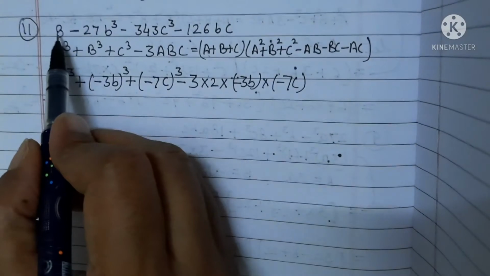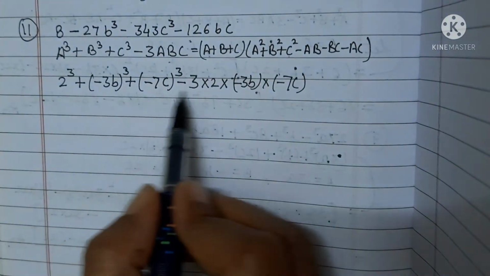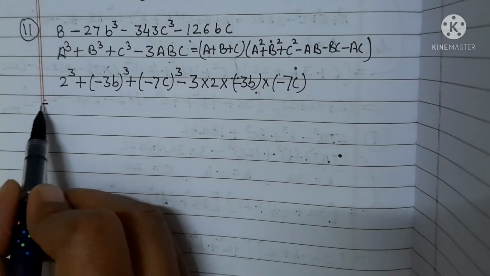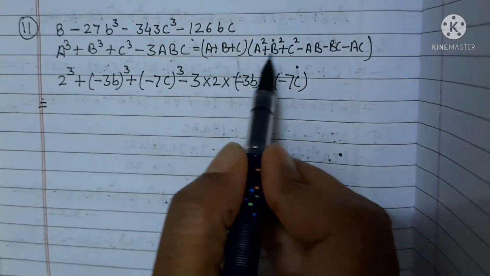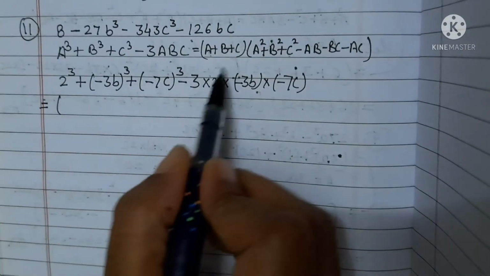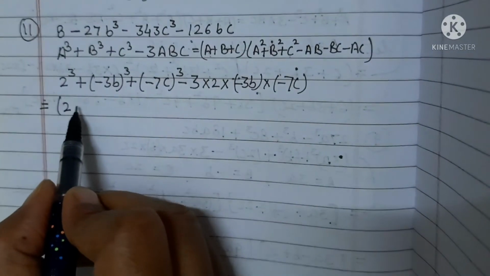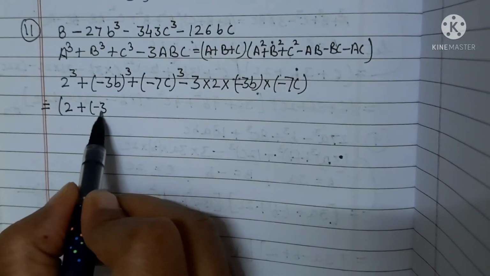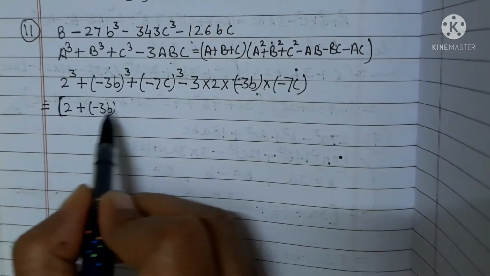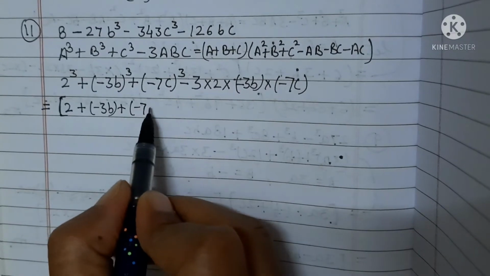So you can equate this expression in this form: a plus b plus c means 2 plus minus 3b plus minus 7c.